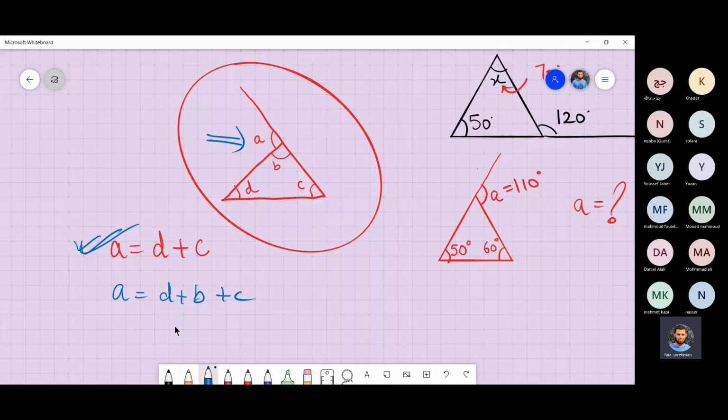Now tell me, what is the exterior angle here? A. A is exterior of which interior angle? A is exterior of B or D or C? A is exterior of B.